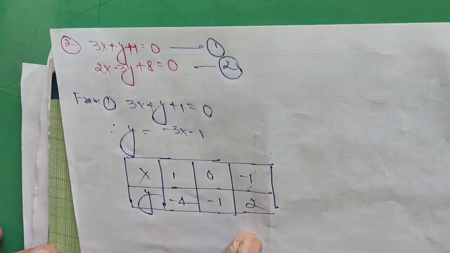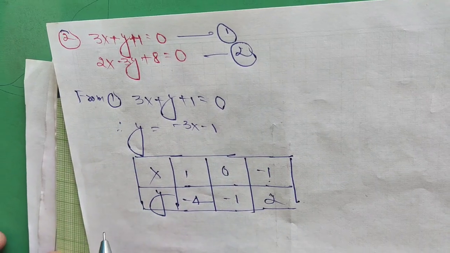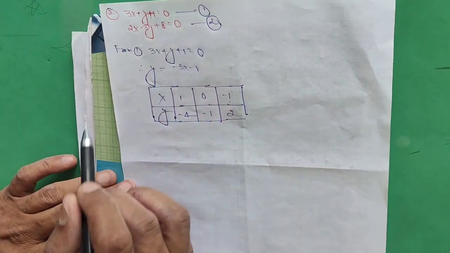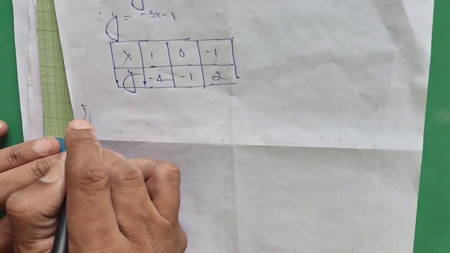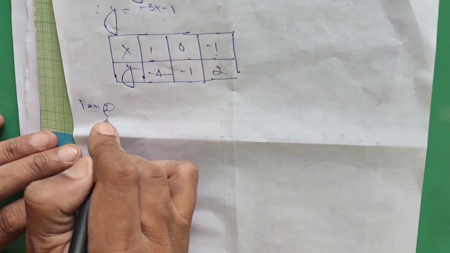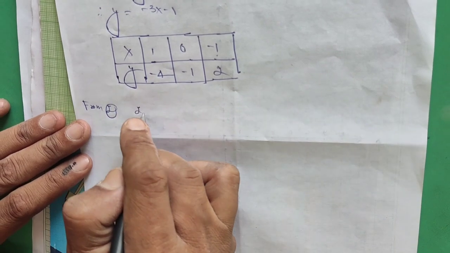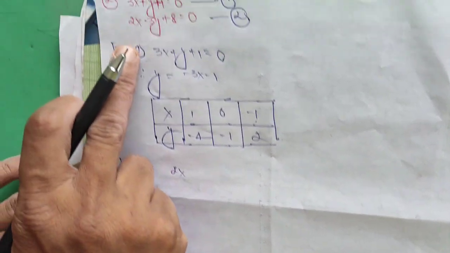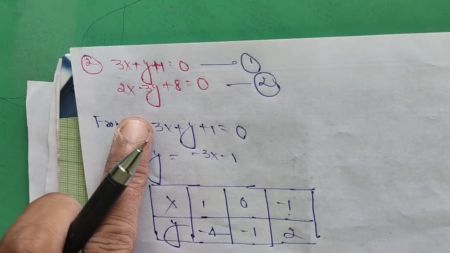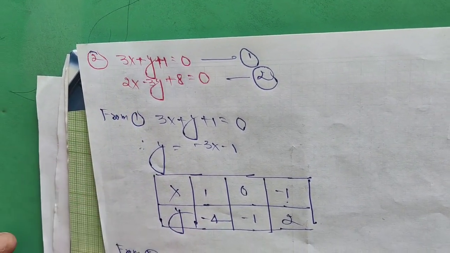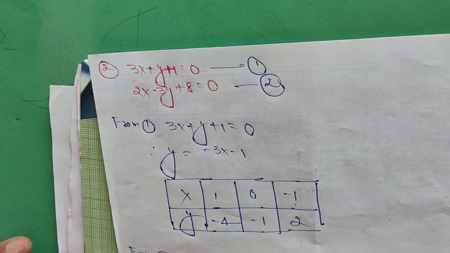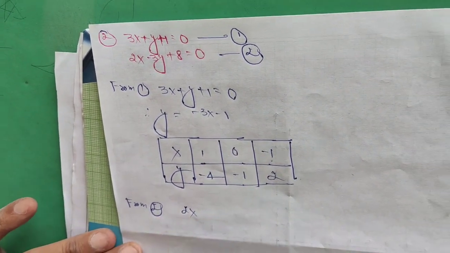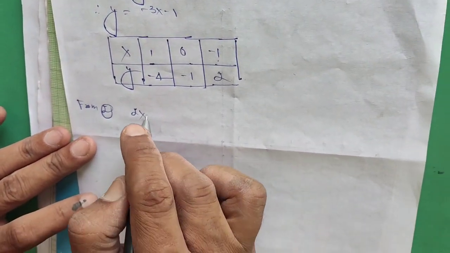Now we find the points that lie on the second line. For this purpose we find the value of x or y from the second equation. We find x, because x is easier than y: when we find y, the corresponding values are obtained by dividing by 3, and when we find x, the corresponding values are obtained by dividing by 2.